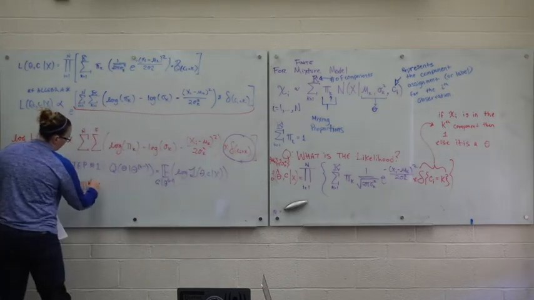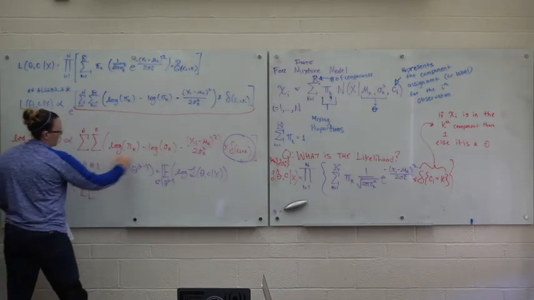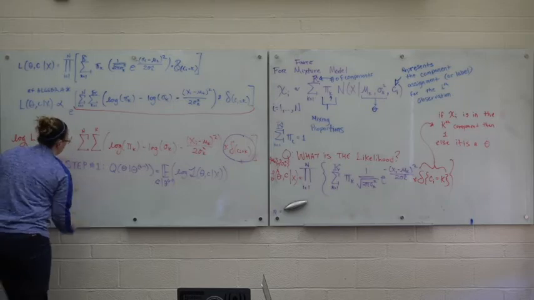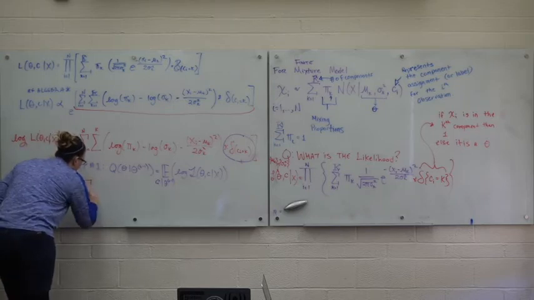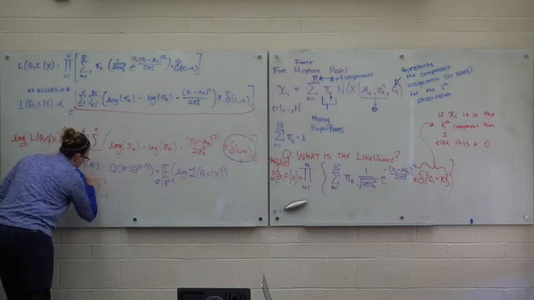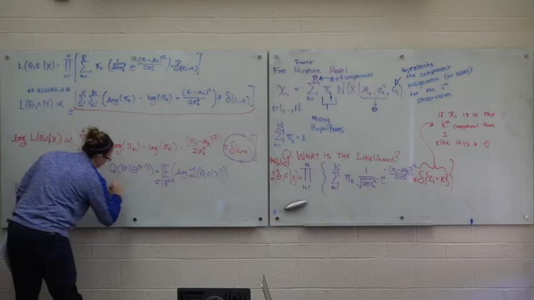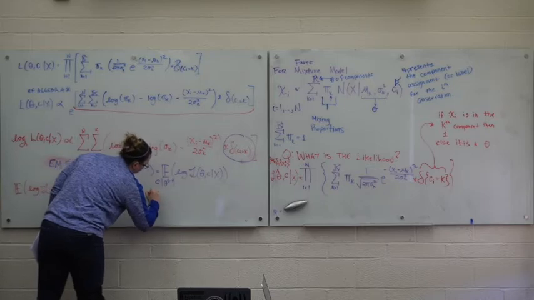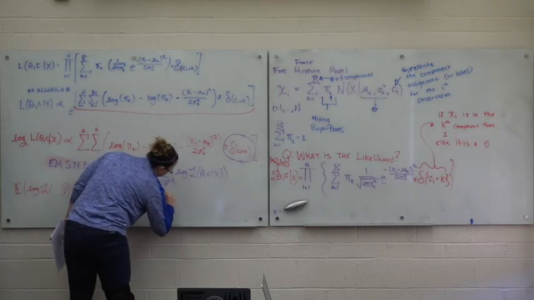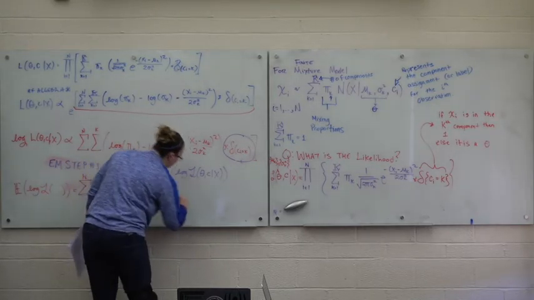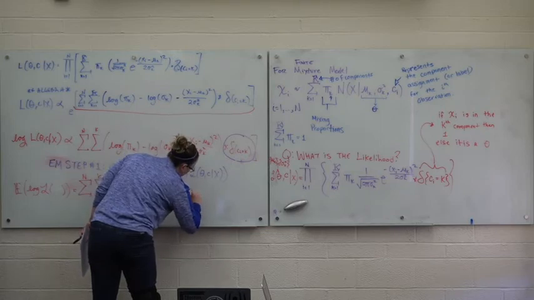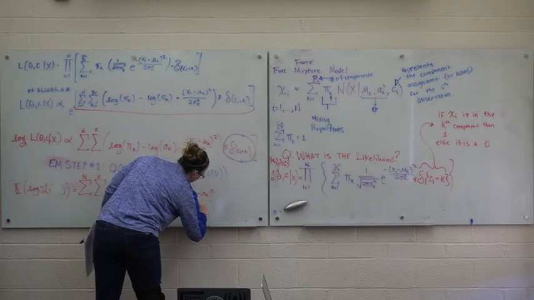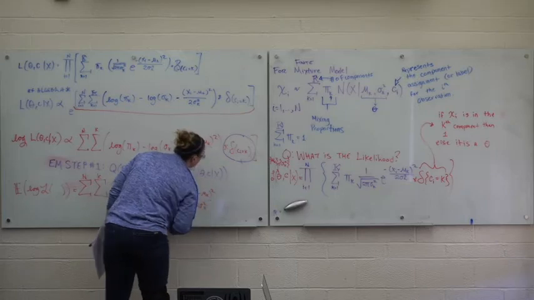So rather than writing the expectation around this big formula, I'm going to shortcut it a little bit: sum over n, k, log of pi k's minus log of sigma k minus xi minus mu k squared all over 2 sigma squared k.